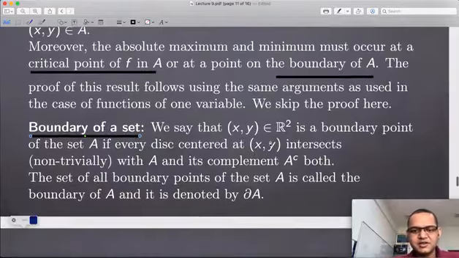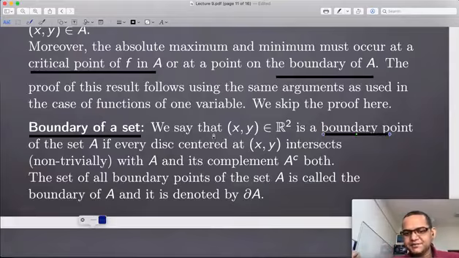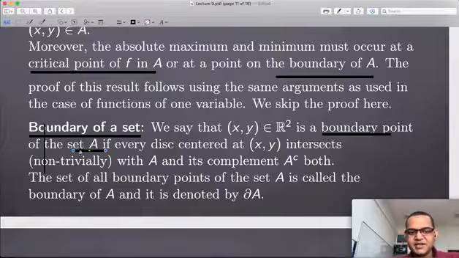First of all, we define what is a boundary point, okay. You take a point in R2 and take a set A, a non-empty set of course. Here I am writing that x comma y is in R2, so I am not starting with the point coming from A. I have a set A and you take any point.